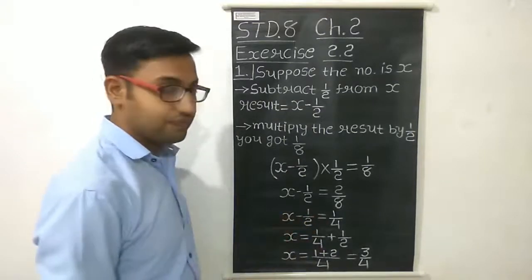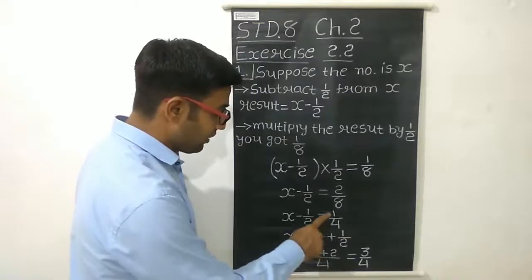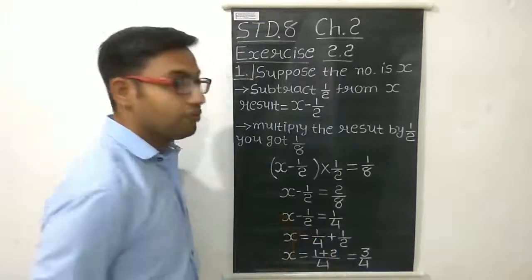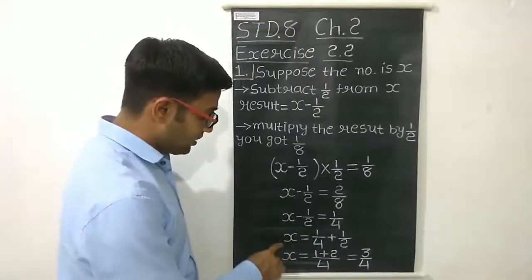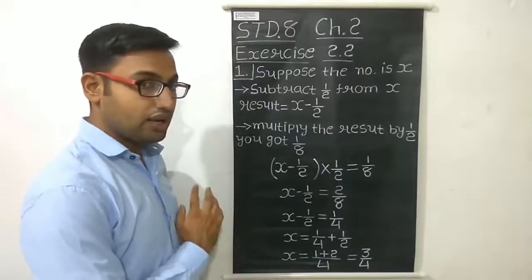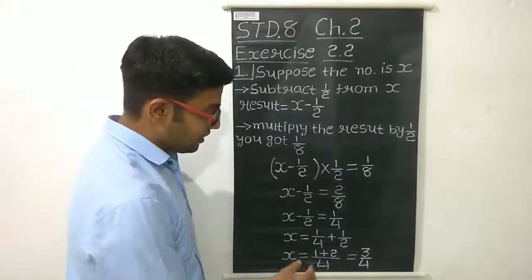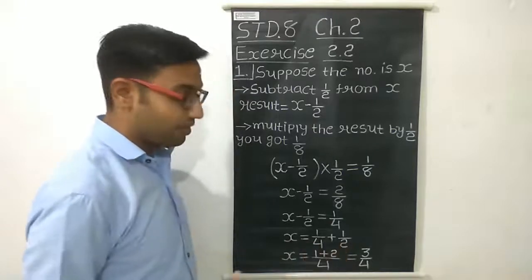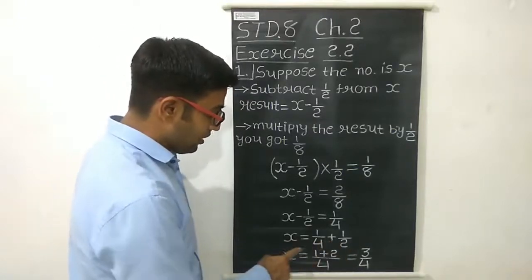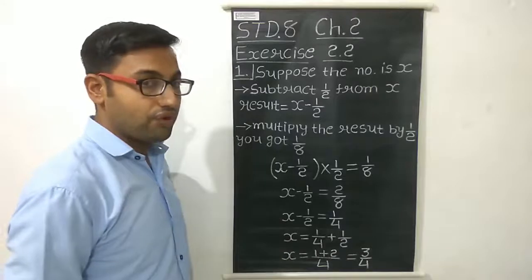Only x is remaining. And on the right hand side we get 1 upon 4 plus 1 upon 2. Now only x is on the left hand side, but on the right hand side we have two numbers. We add these two numbers so that we can find the value of x.